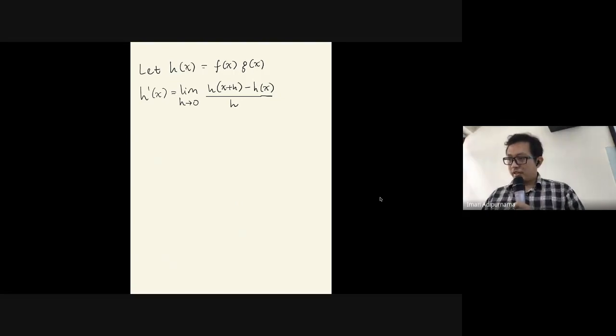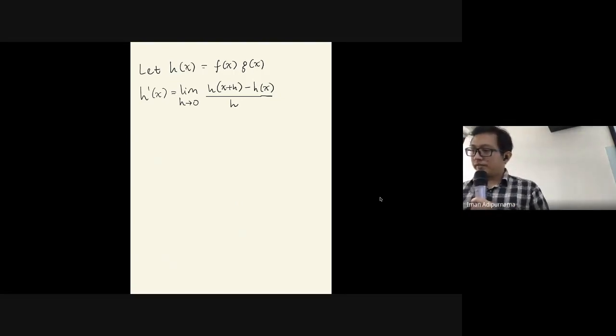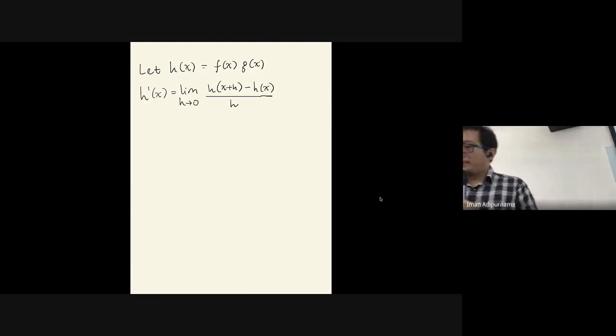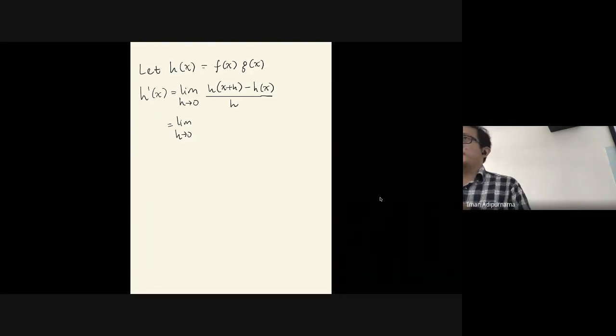Let's start from the definition of limit. Okay, so I will start with h equal to f multiplied by g. And then because h is fg, I will change all the h here. Wait, let's not use h because it will be confusing with the h in the limit.